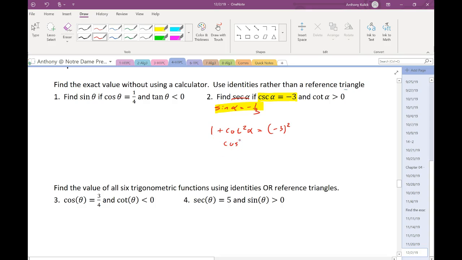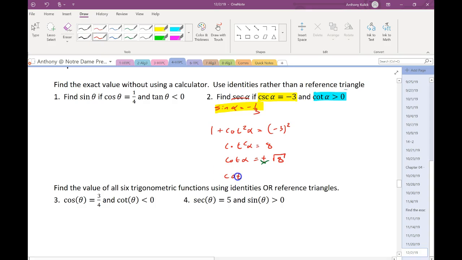So, if I try to solve for cotangent, then I'd subtract 1 from both sides. I square root both sides to get plus or minus square root 8. But since I know cotangent is positive, I know I don't have the minus, it's just the plus.